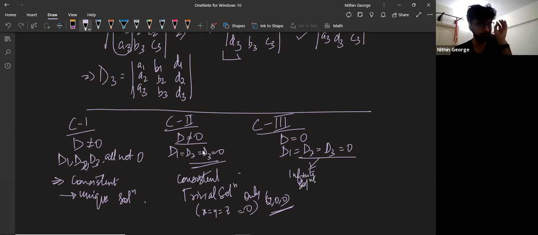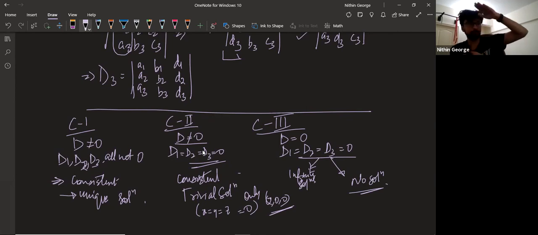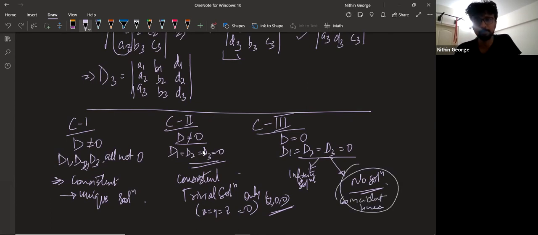Consistent means there will exist at least a solution. Or it will have no solution, where they are parallel and spaced apart. This we'll have to check; you'll get it only by cross-checking. I will explain this.